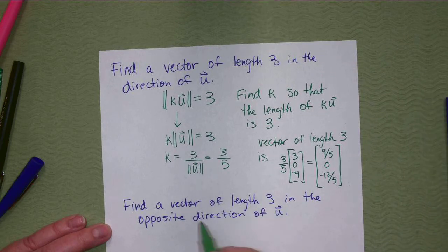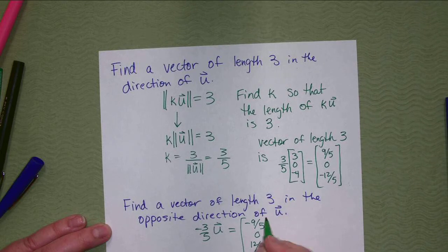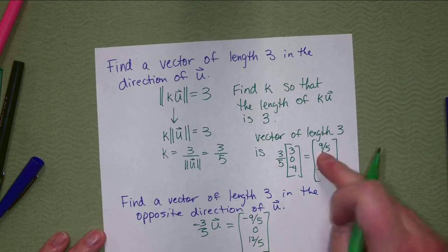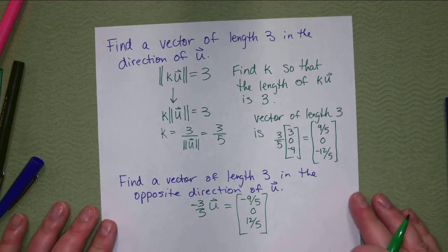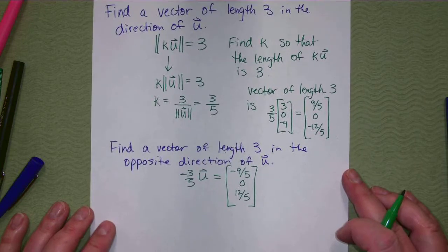So you would just do negative 3/5 times u. Just change all the signs. That was the length 3, I just changed the signs. Make sense?